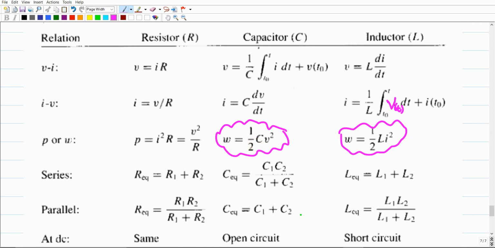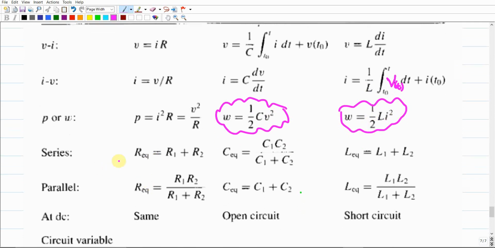You can do so, but you have to make sure you're dealing with the power term as a single term, because when we plot the energy, we are not incorporating the integral limits, so this would be confusing, or it would result in some incorrect results. So it is advised to use this expression for the energy: for the capacitor, 1 over 2 CV square, and for the inductor, 1 over 2 Li square.